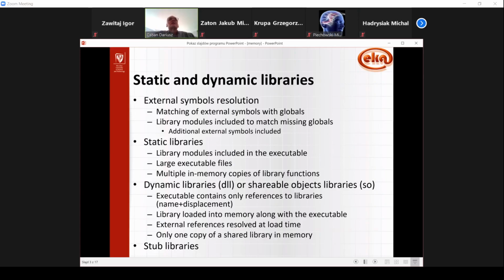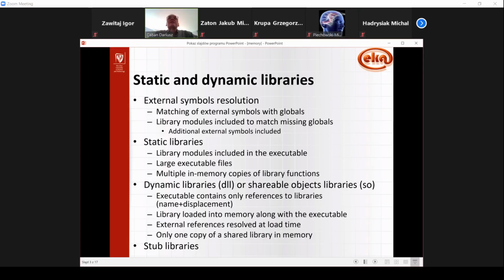That means that if multiple executable programs are being executed at the same time and they use the same library functions, then each one is using a separate in-memory copy of the library function. You can determine that some of the functions are already in memory because a different program is using them.